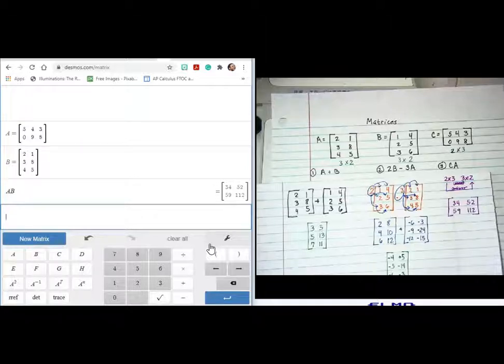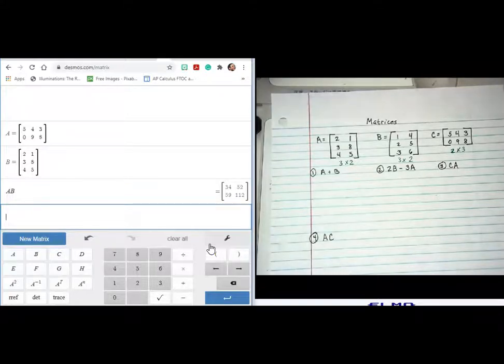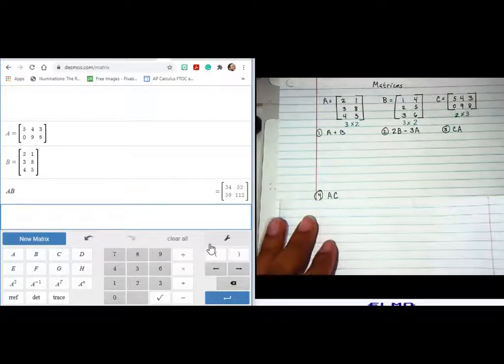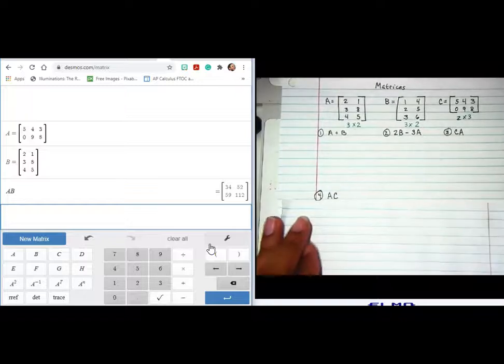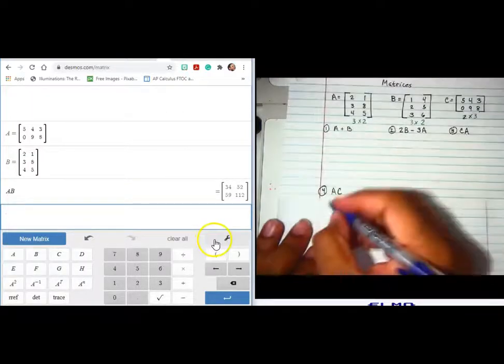All right, cool. So now we have our last one, guys, and this is it. And this is the part that we have to be careful about. Now, this time we're going to do A times C. So here, before we can do anything with it, we have to remember, can this be done? So again, A is a 3 by 2.